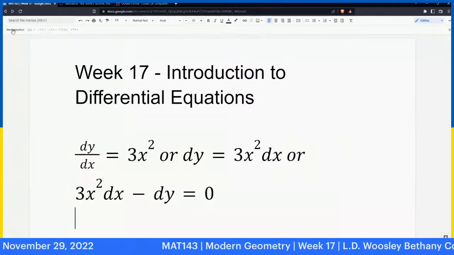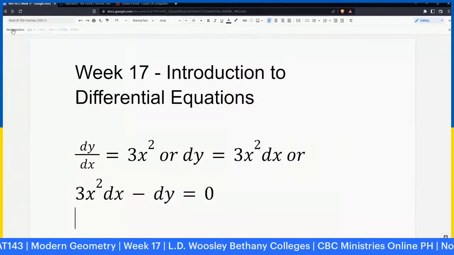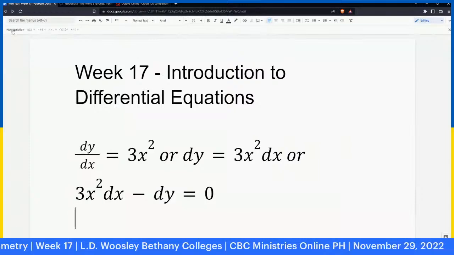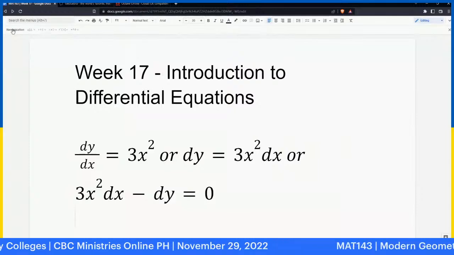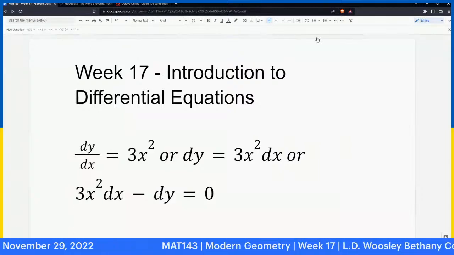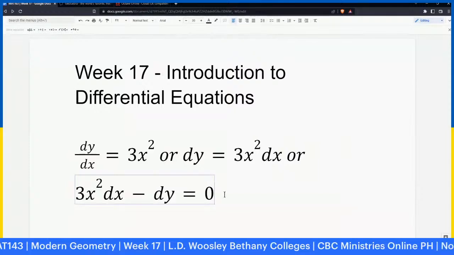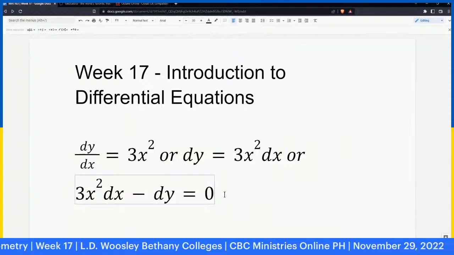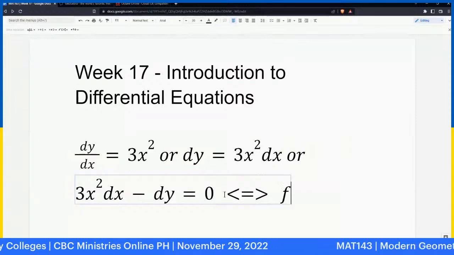And these are examples, and there are methodologies for how to solve them. This is an example of a first order differential equation. We will look at the degree of the derivative rather than the number itself. So this is an example of first degree.